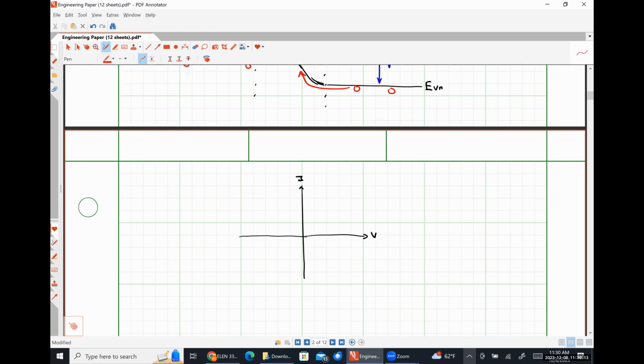we should have something that looks like this for forward bias. I just want to note, this is typically on milliamp scale. And then something that looks like this for reverse bias, where this is typically, let's say, nanoamps to picoamperes.